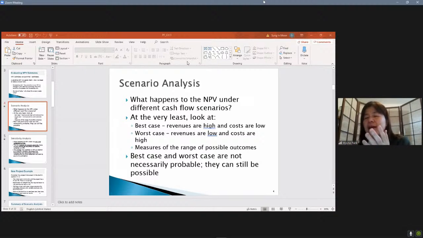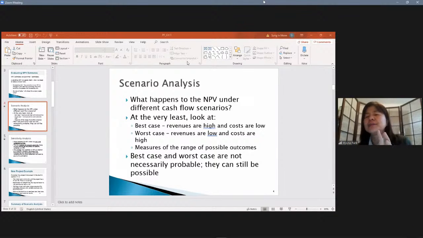But at the same time, when we need to make decisions in an uncertain environment, we need to analyze different scenarios. So we need skills to deal with uncertainty.